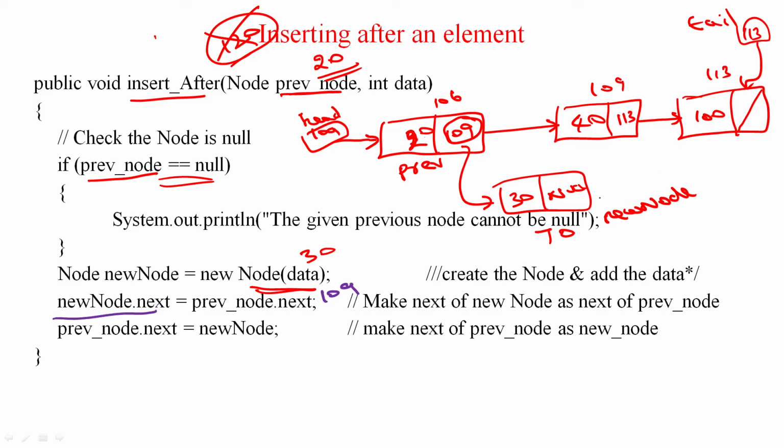So the new node is this one, and new node dot next is this field. So 109 is written here, and automatically this link is created.